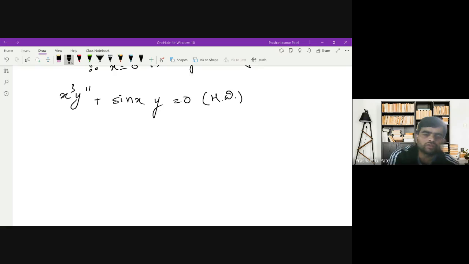So I think now I have given you enough idea about the regular singular point and how to calculate it. Has everyone understood what is meant by a regular singular point and an ordinary point?